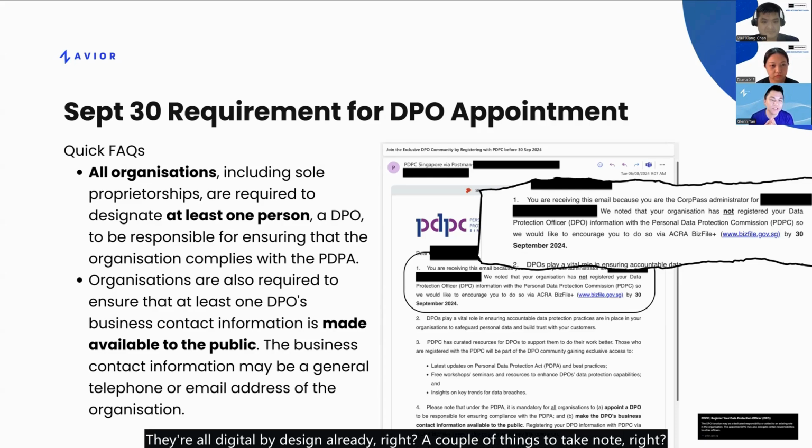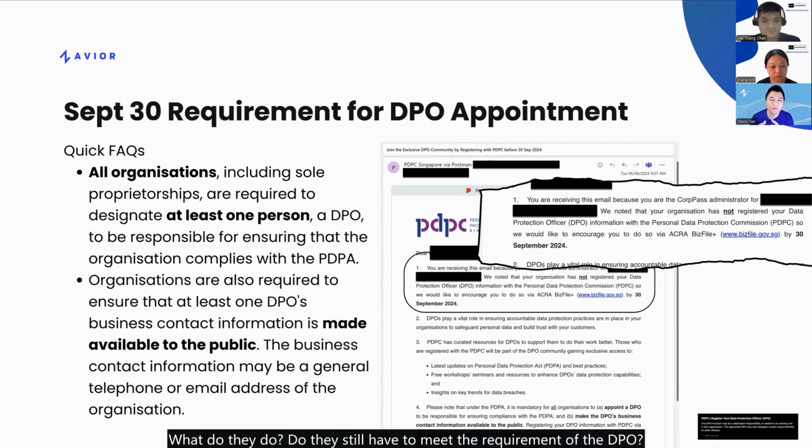A couple of things to take note of. Number one is the appointment of a DPO. Every organization in Singapore has to have one. Then you ask, what if I don't have any staff? The answer is yes, you still need one. And what if there are no people involved in the company, for example a holding company for shares of another company?